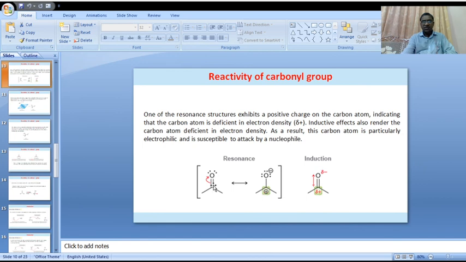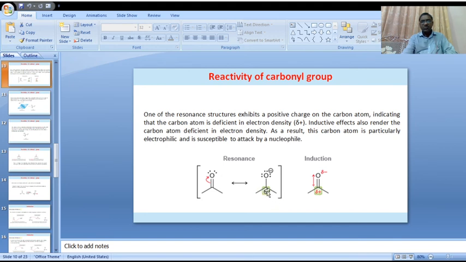After breakage of this pi bond, the oxygen gets negative and the carbon atom gets positive charge.